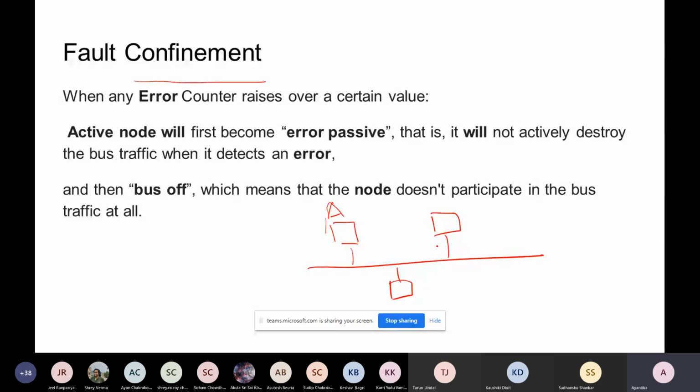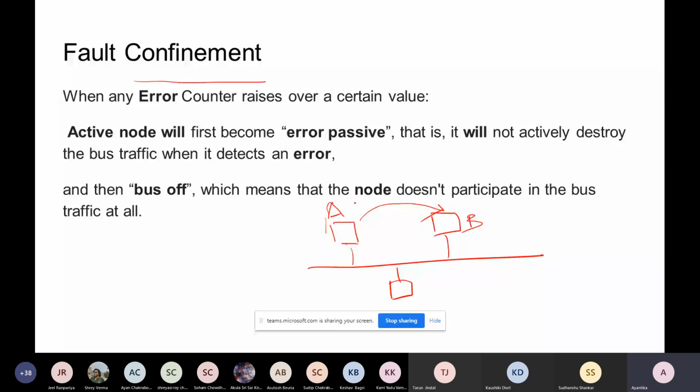Whatever data frame node A is sending to maybe node B is not getting accepted. Node A checks that it is not receiving any acknowledgement for what it has sent. That means there is some error.